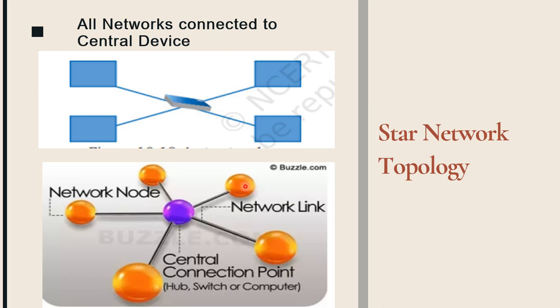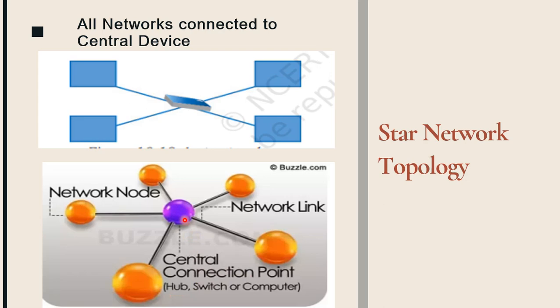So all these computers are connected to this central hub. It is known as the central connection point, the central hub or central computer. And all other nodes are connected to this central hub. If the hub fails, then all the computer networks will also fail. The connectivity of all these computers depends upon this central hub.